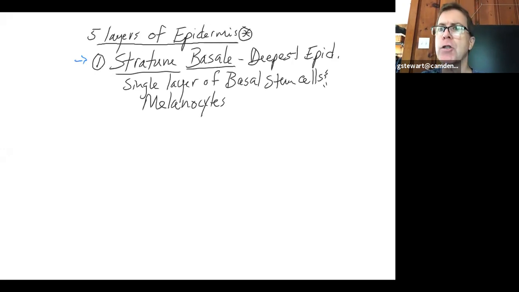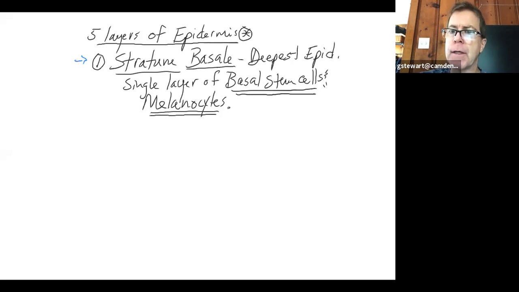Okay, so these are the 2 types of cells we find in the stratum basale. And it's a very thin layer. It's only a single cell layer thick. So these guys, just to remind you, the basal stem cells give rise to keratinocytes. Melanocytes secrete melanin when stimulated by UV light, and the function of that pigment is protection.